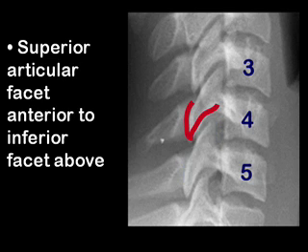The superior articular facet of C5 lies anterior to the inferior articular facet above. That's the normal relationship of the inferior and superior articulating facets.